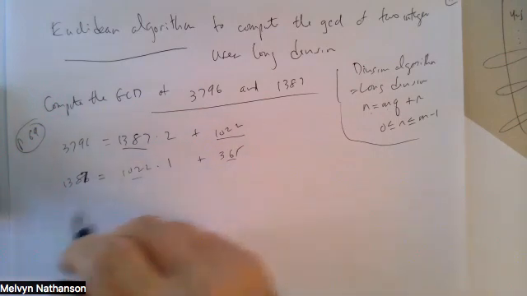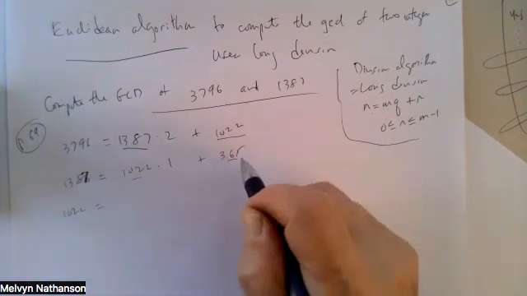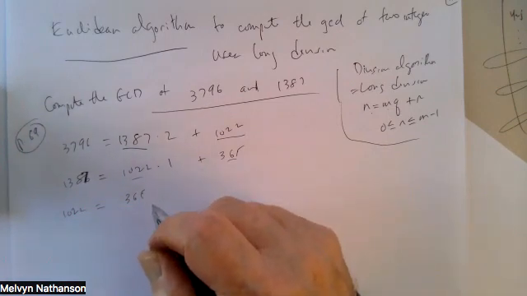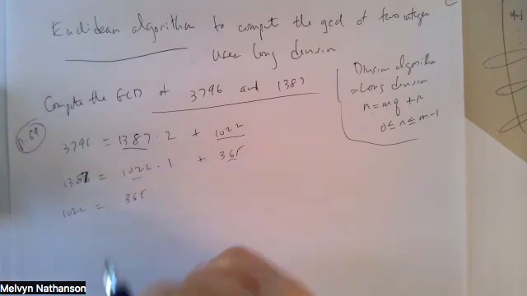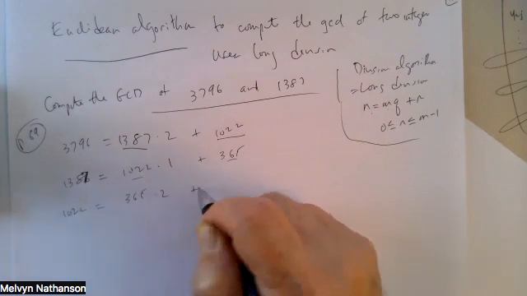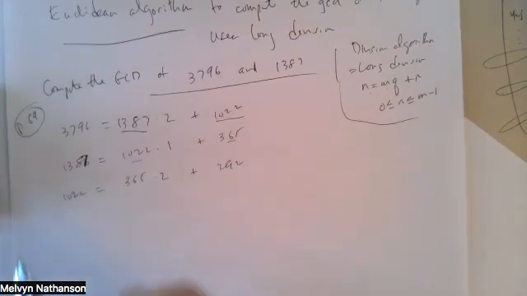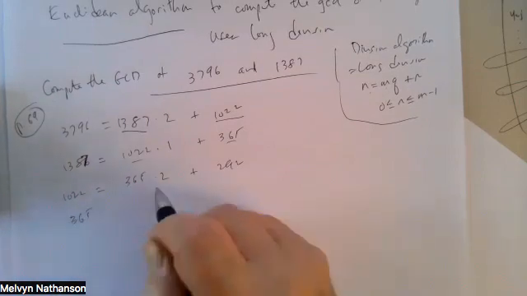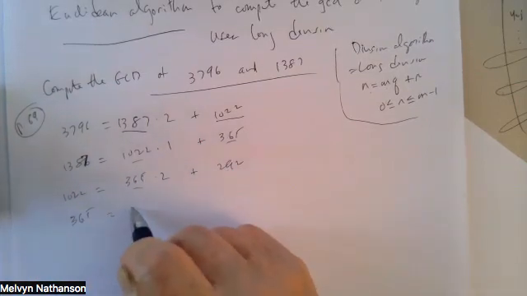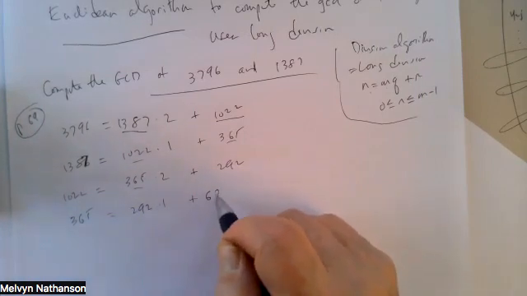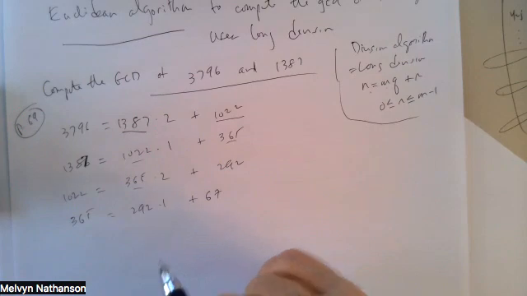Then you take 1022, divide it by 365. This goes two times and leaves a remainder 292. Then you take 365, divide it by 292, that goes once and leaves a remainder 73.